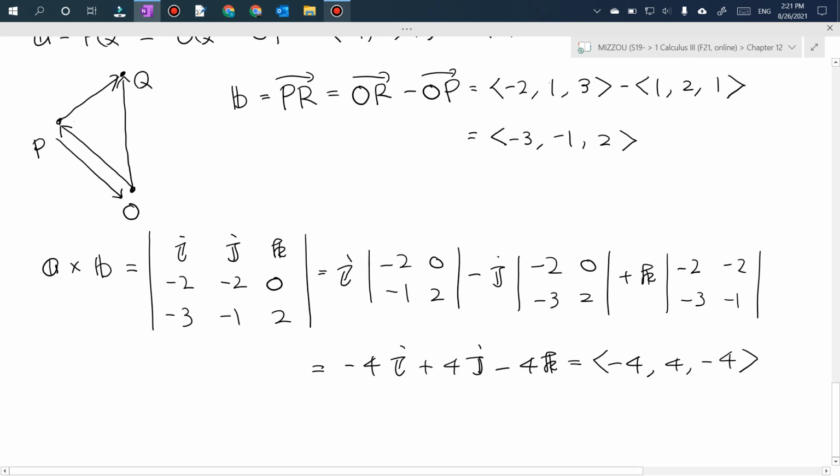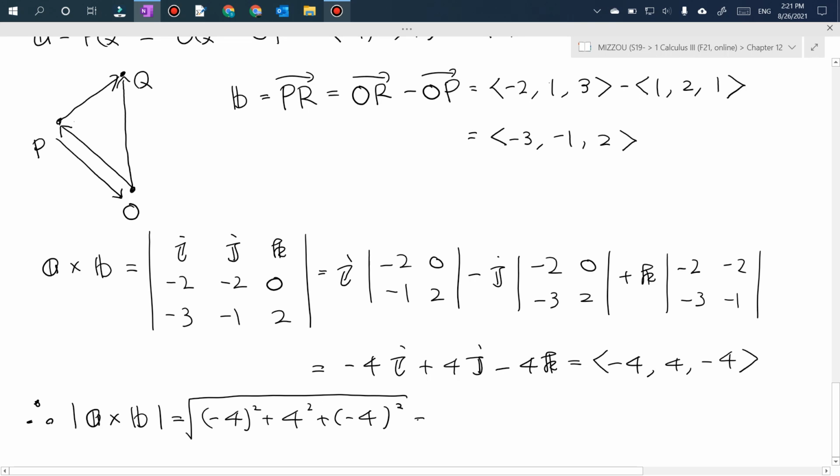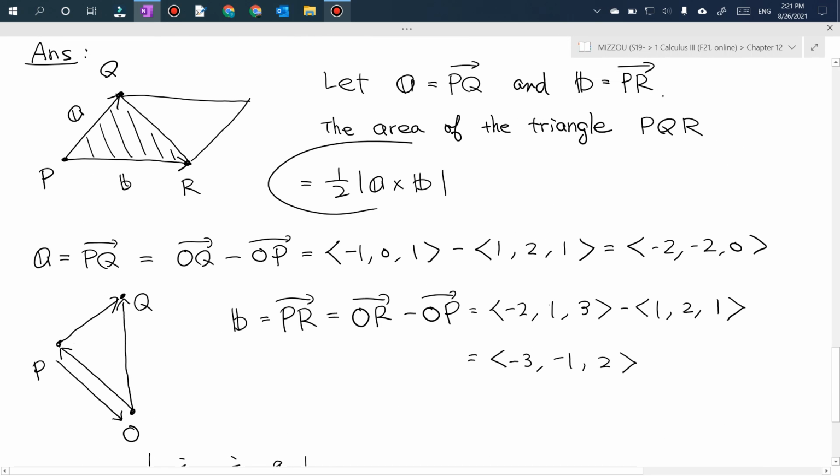Okay, so therefore, the magnitude of the cross product is just take the squares of all those, add them, and take the square root. And you will see that this is 4 root 3. And therefore, the area of the triangle is half of it.